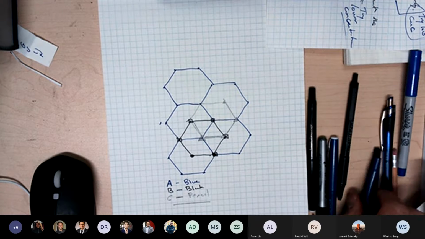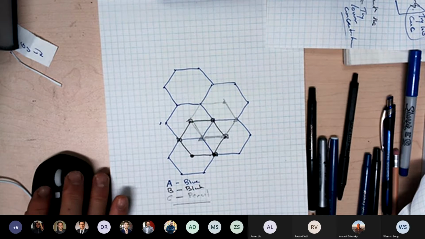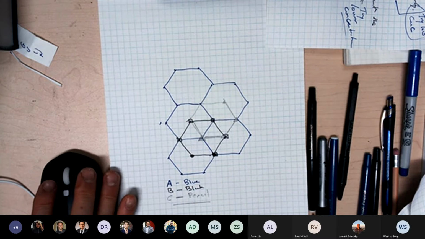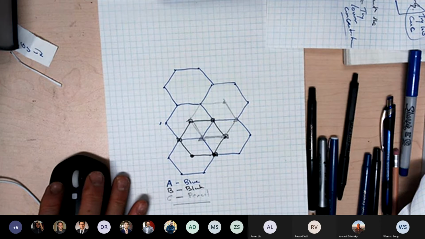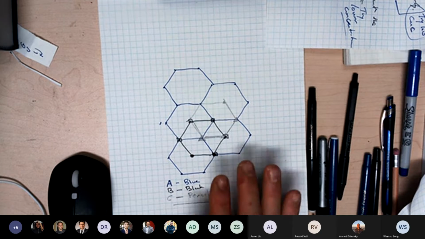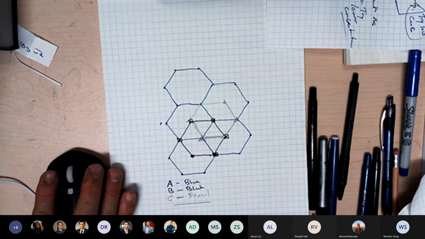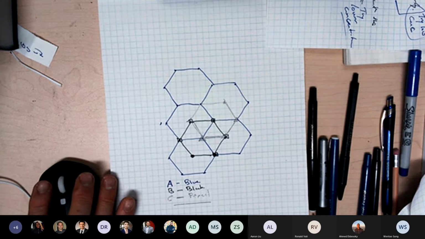And graphite has different stacking sequences. So we'll go back to the PowerPoint. The most common form of graphite is stacked A, B, A, B. So it goes a blue layer, then a black layer, then a blue layer, then a black layer. Okay, so I'll share my PowerPoint again.